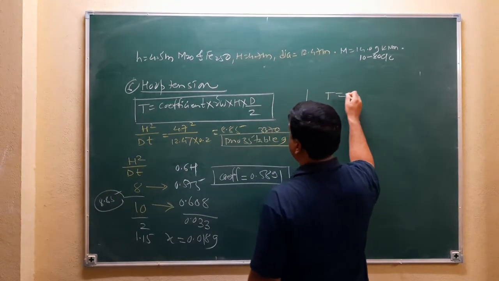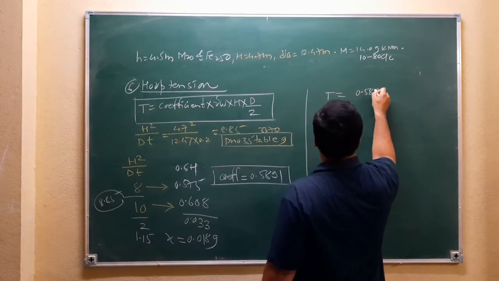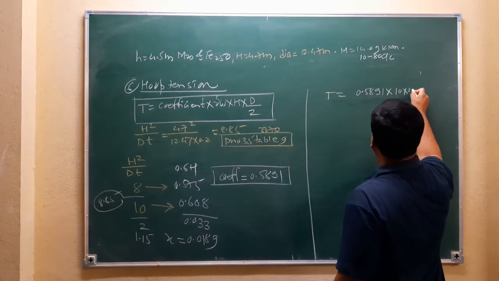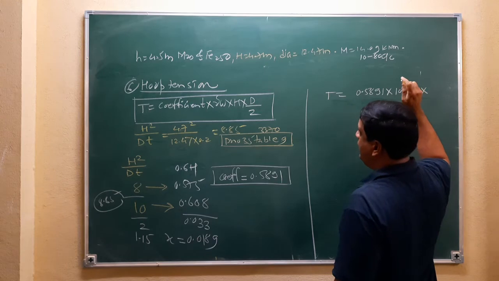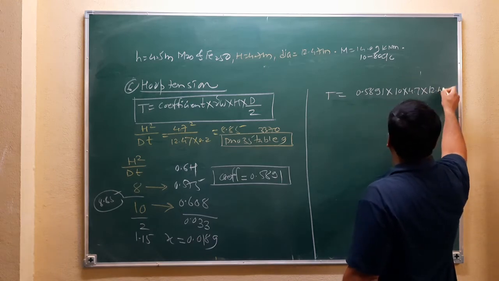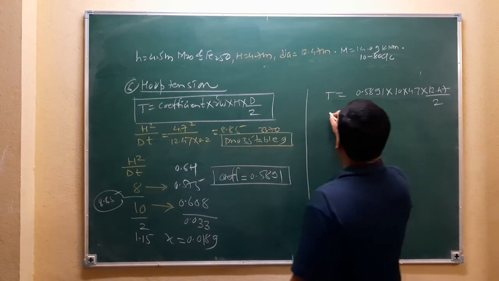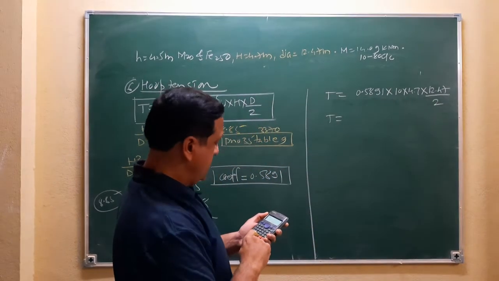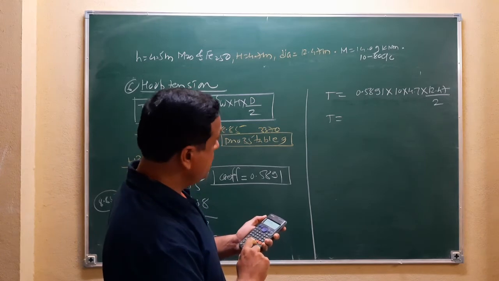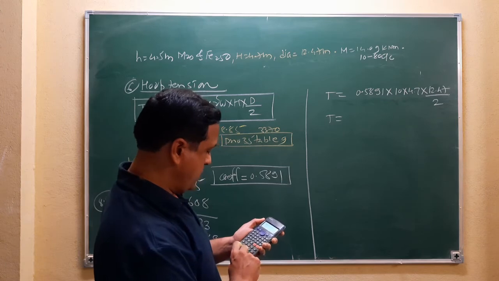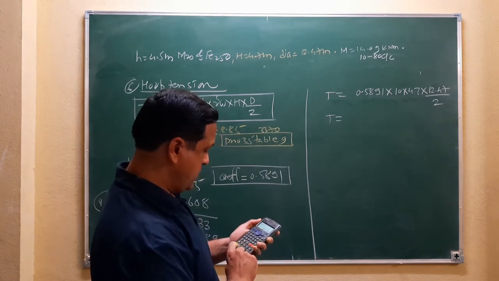Hoop tension T, coefficient is 0.5891, gamma W is 10, height 4.7, diameter is 12.47 divided by 2. So what's the hoop tension? 0.5891 into 10 into 4.7 into 12.47 divided by 2.